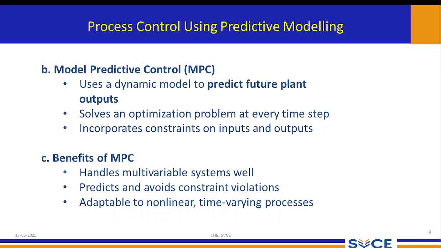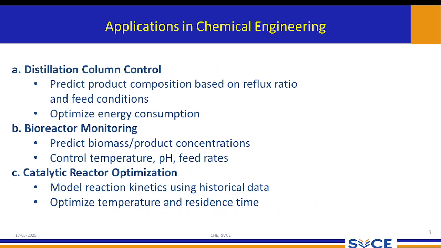Even for a batch reactor, the temperature, pressure, and concentration of the reactant can be handled. It handles multivariable systems well, predicts and avoids constraint violations, and is adaptable to non-linear, time-varying processes.